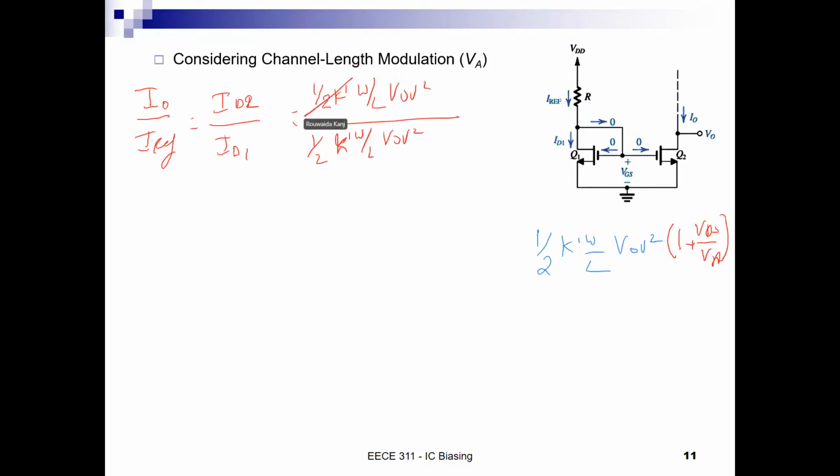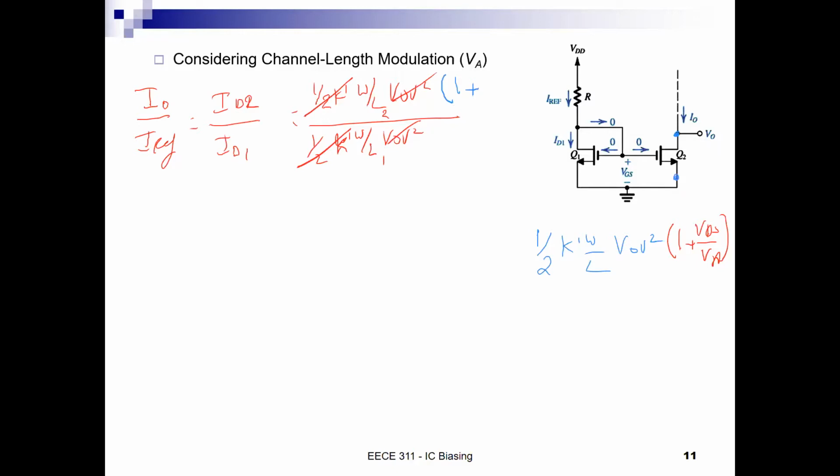And we canceled those two parts and just kept W by L2 over W by L1, right? So now, if I have the ratio, what am I going to multiply it with? If I want to add the channel length modulation, the top current is going to be multiplied by 1 plus, what is VDS2?